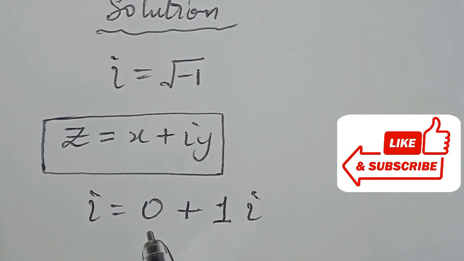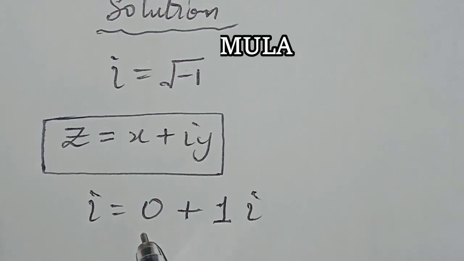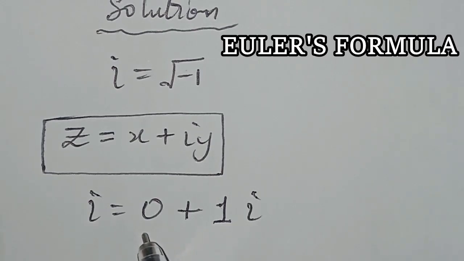And we know that writing a complex number in an exponential form has to do with applying Euler's formula. Euler's formula also relates to trigonometry.